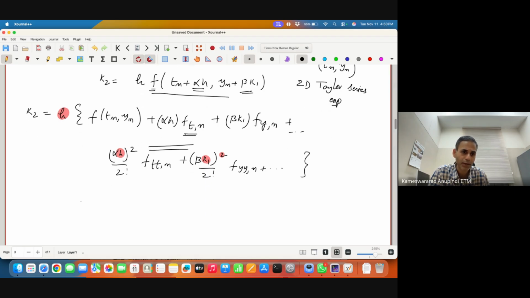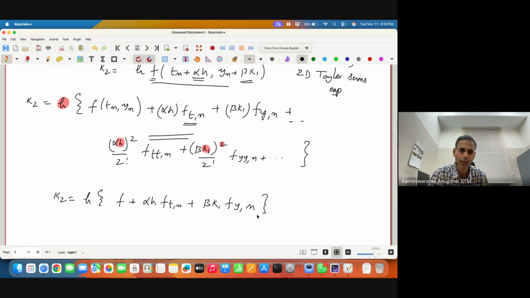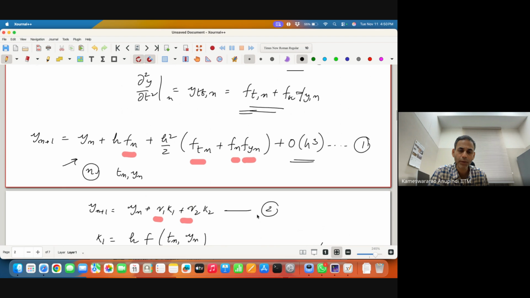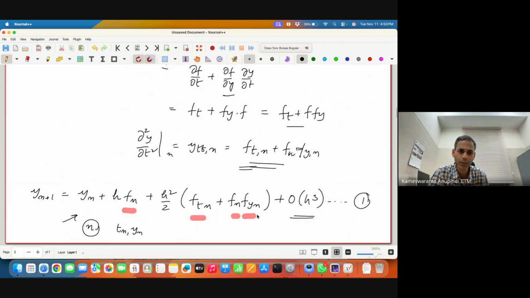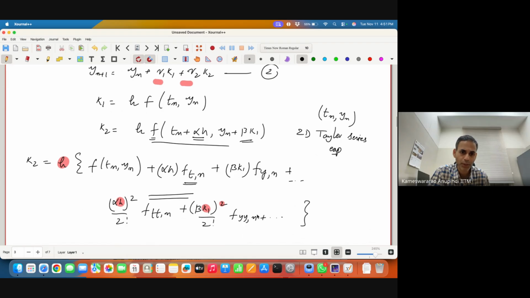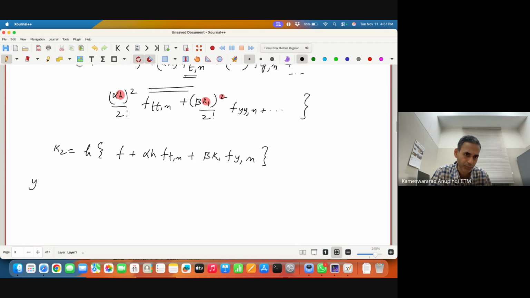That means I can write my K2 as h times f plus alpha h times f of t_n plus beta K1 times f of y_n, plus and so on. So I have these two. Now I can go back and substitute into the y_n plus 1 equation, which is y_n plus gamma 1 times k1 plus gamma 2 times k2.